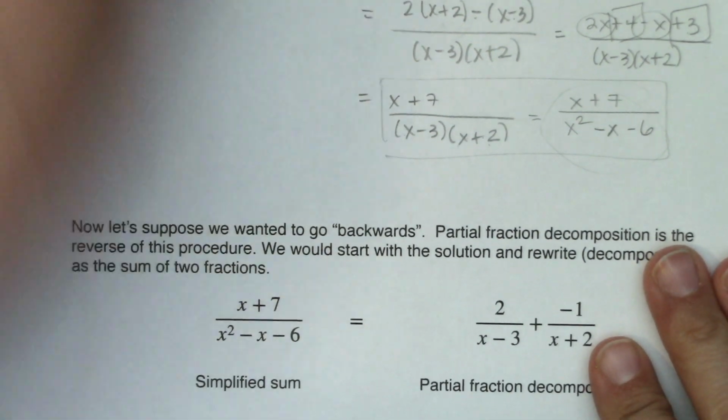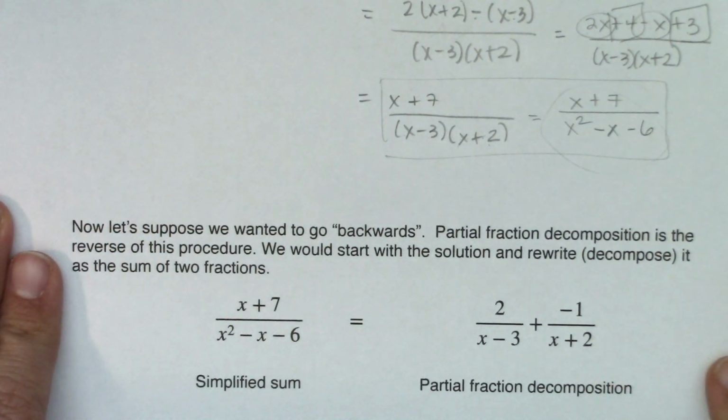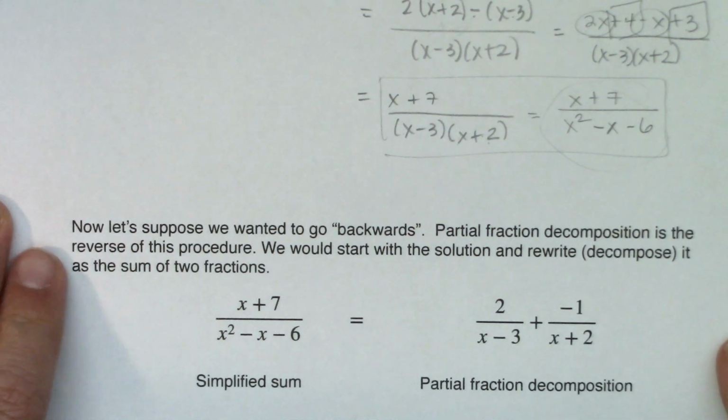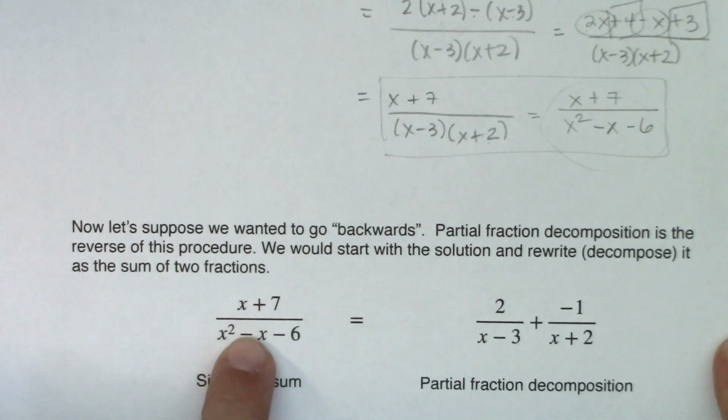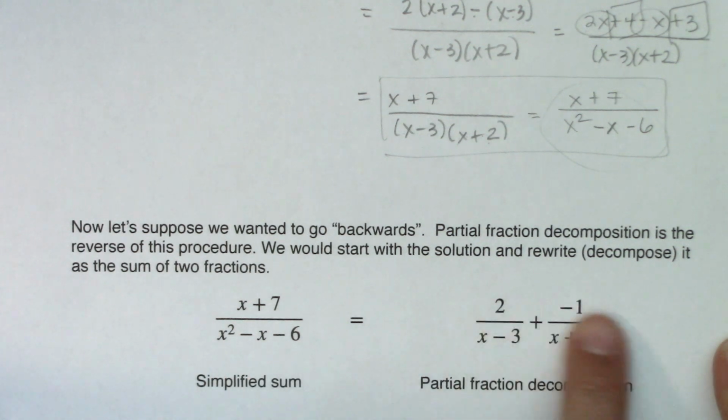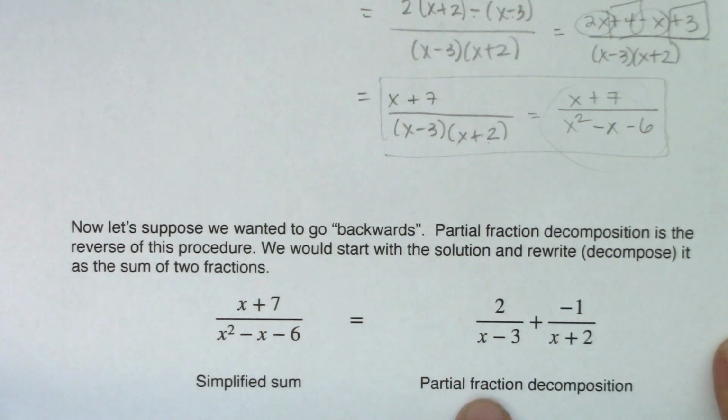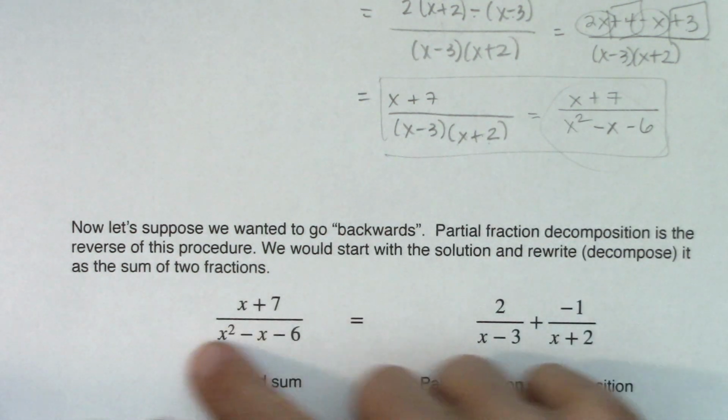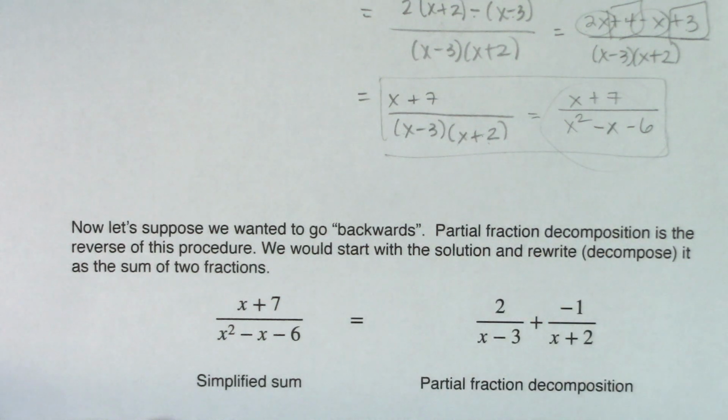That's what we're going to look into in section 7.4. I give you this simplified sum that we just found, and I ask you to decompose the fractions, to move backwards to get a fraction with the denominator having the factor of just x minus 3, and a second fraction where the denominator is the other factor, x plus 2. That's what we're going to call partial fraction decomposition.